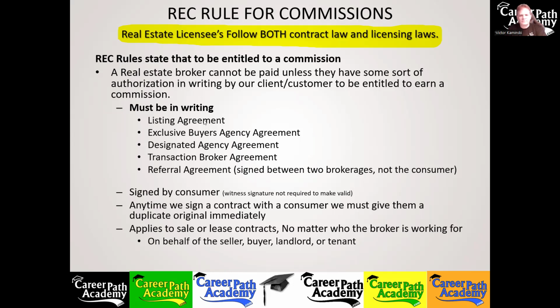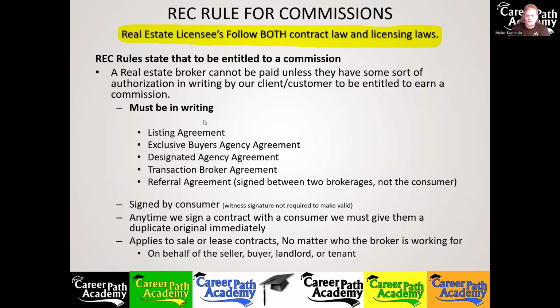So let me add that there. BSA, brokerage services agreement. And it needs to be signed by the consumer.